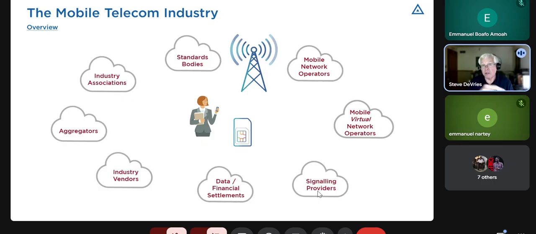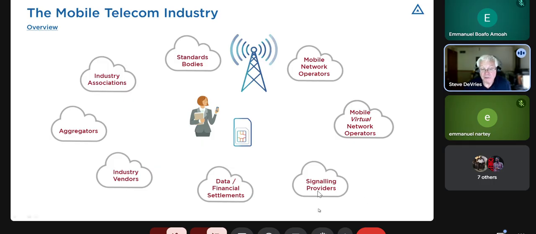Likewise, if Raphael flies over to Chicago and MTN in Accra has signed a roaming agreement with Verizon, Verizon will charge MTN for Raphael to use the phone there. He won't see that bill, but again, the networks will exchange money. So you can imagine there's a lot of money, a lot of things that go back and forth between these companies.